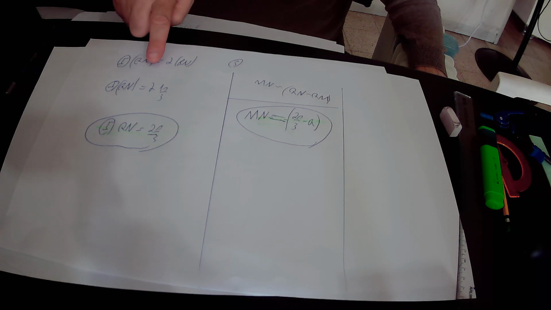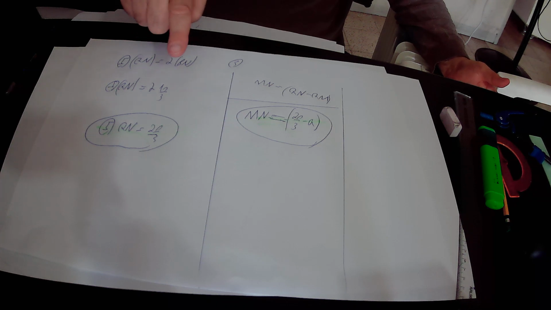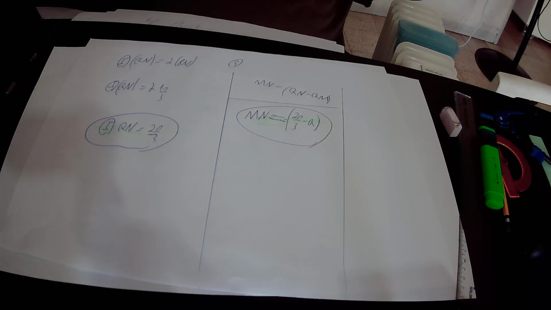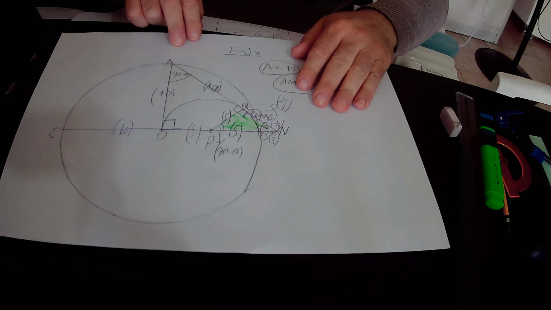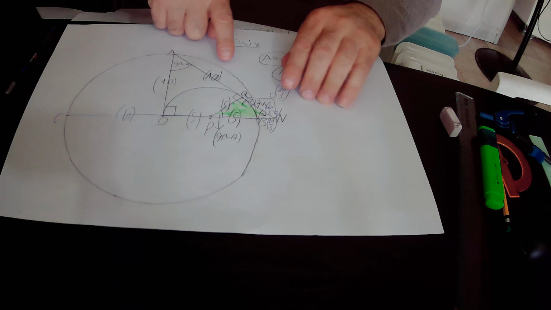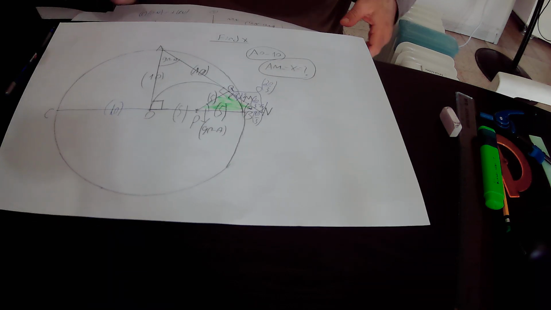So Qn is 2 times Bn, which is 2 times 10 over 3. That is to say, Qn equals 2 times 10 over 3, which is 20 over 3. So in conclusion, we found that Qn equals 20 over 3 units in length. This line segment Qn equals 20 over 3 units in length.